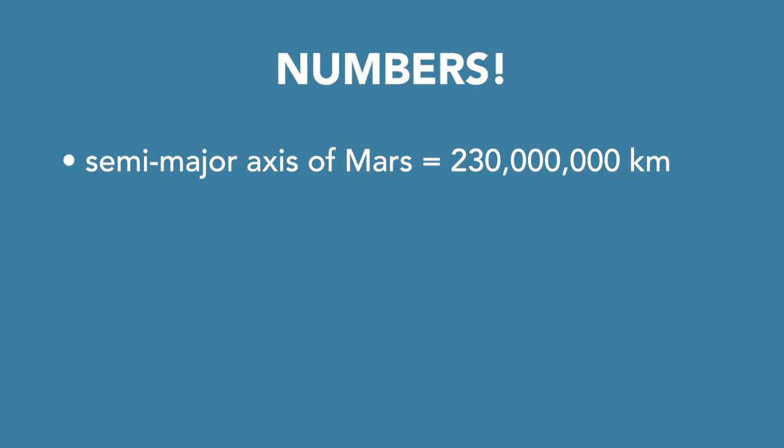But we actually want to use meters in this equation. So we must multiply this value by the number of meters in 1 kilometer, which is 1,000. Now, you should have that the semi-major axis of Mars's orbit is 230 billion meters. That's 9 zeros after 230. We're using the same values for the mass of the Sun and the gravitational constant as we saw before.